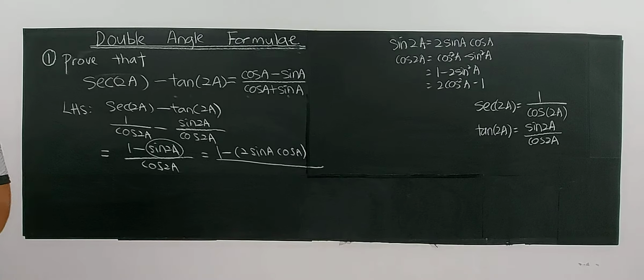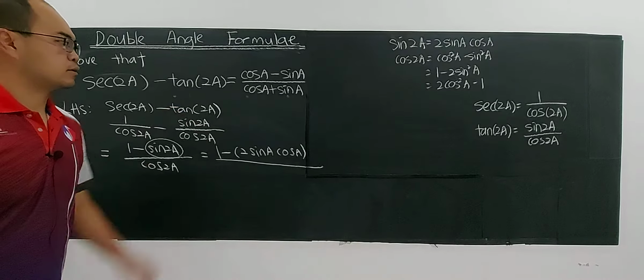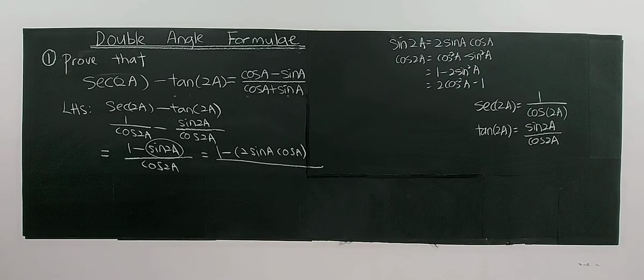This is the hardest, challenging part here. I need to decide what can I do here such that I can get this thing, cos A plus sine A. So I have to decide.